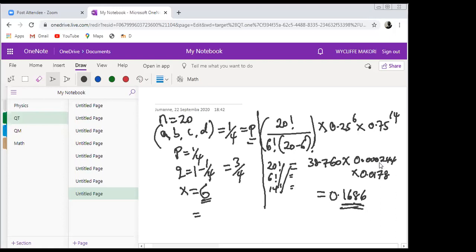I know you raised these powers and then you wrote them down and then you multiplied. I understand. If you round off, the answer is going to be slightly less than this. But there is no harm. Your answer is right.